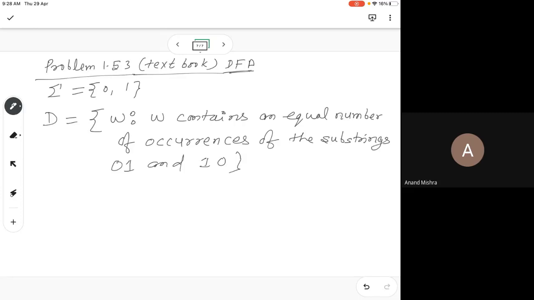And the question was to show that D is regular. To show something is regular, what do you need to do?